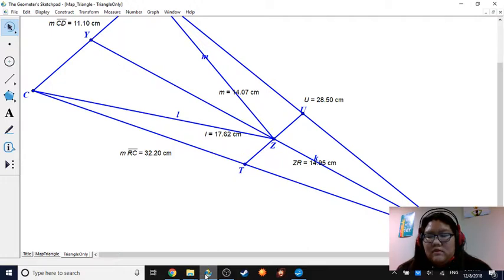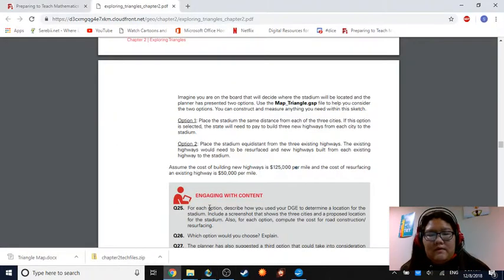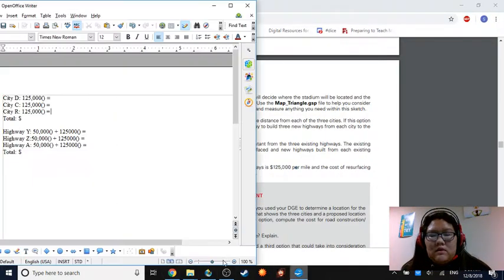Now our total distance will be 46.64. Now I'm going to multiply that by $125,000, and the total is $5,008,030. Alrighty then. Now I'm going to put it right here so we can remember.